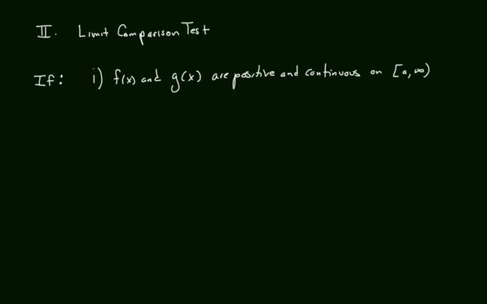In fact, that's identical to the beginning of the direct comparison test. Part 2 of the hypothesis: the integral from a to infinity of g of x dx converges, or we would say diverges, which is also identical to the direct comparison test.